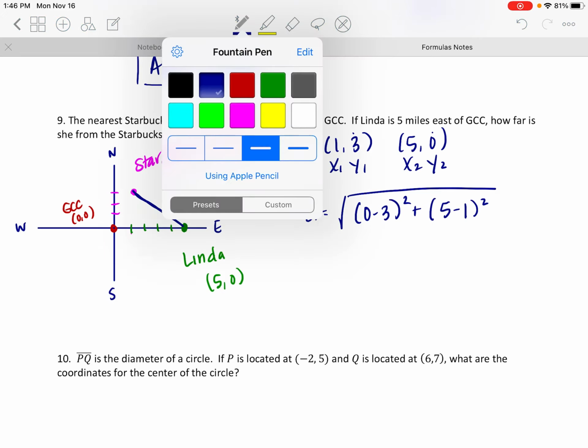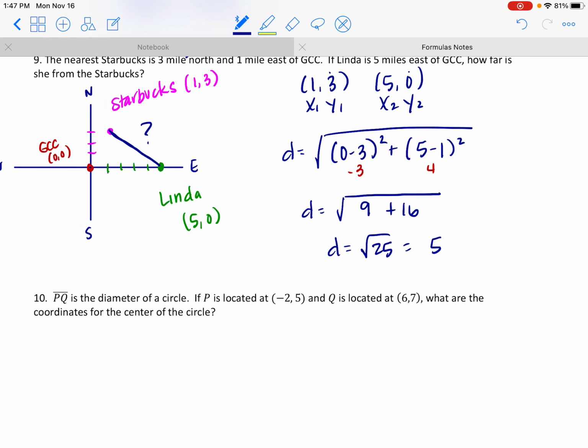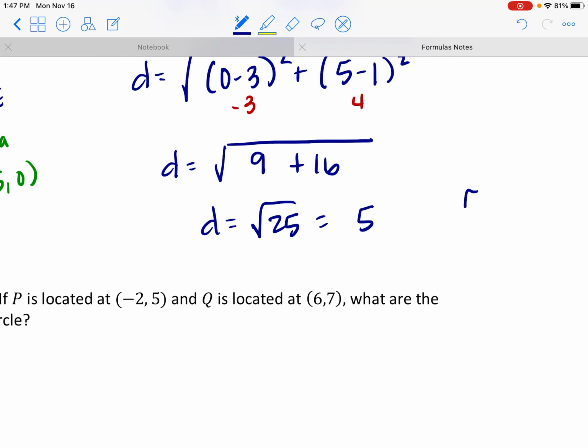So we're looking at negative 3 here and 4 here. So the square root of negative 3 squared is going to be 9, 4 squared is going to be 16, and we've seen this already a couple times. The square root of 25 is going to be 5. So Linda is 5 miles from the Starbucks.